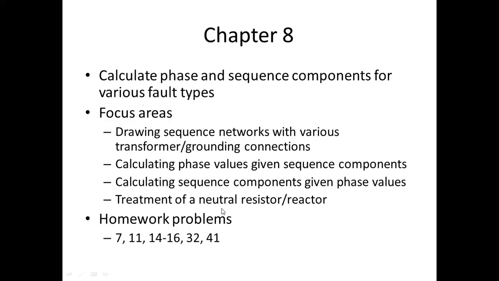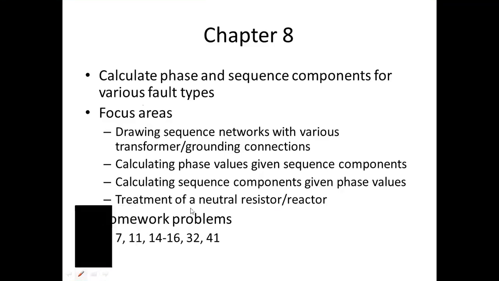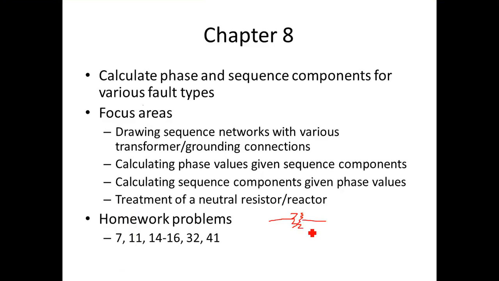You must understand how to treat a neutral resistor or reactor if given a neutral reactor on a particular circuit. You should understand at this stage how to represent that neutral impedance in the sequence networks. A great example would be as follows.